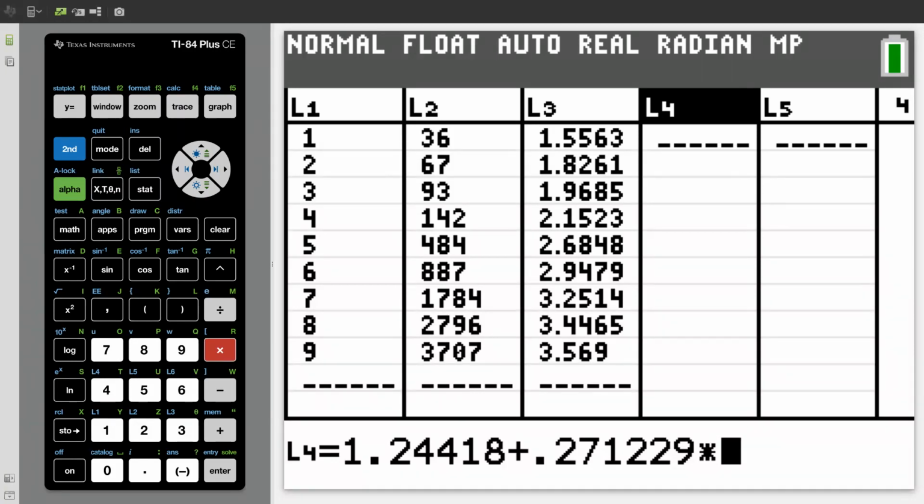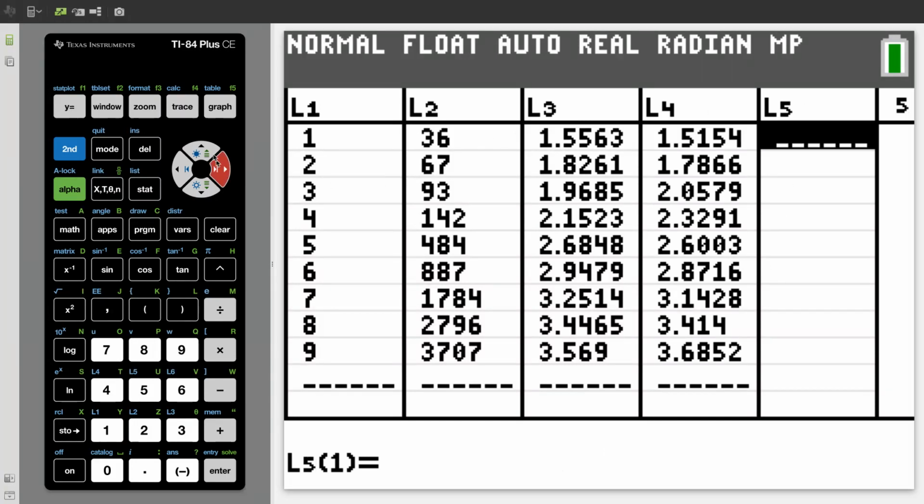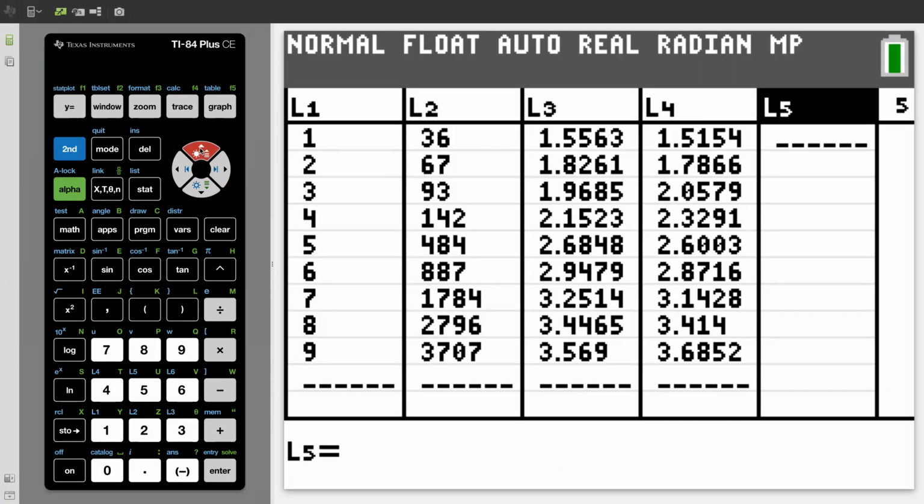So I'm going to multiply that by the position, which is L1. Okay, now to find the residual, I'm just going to take the actual value.